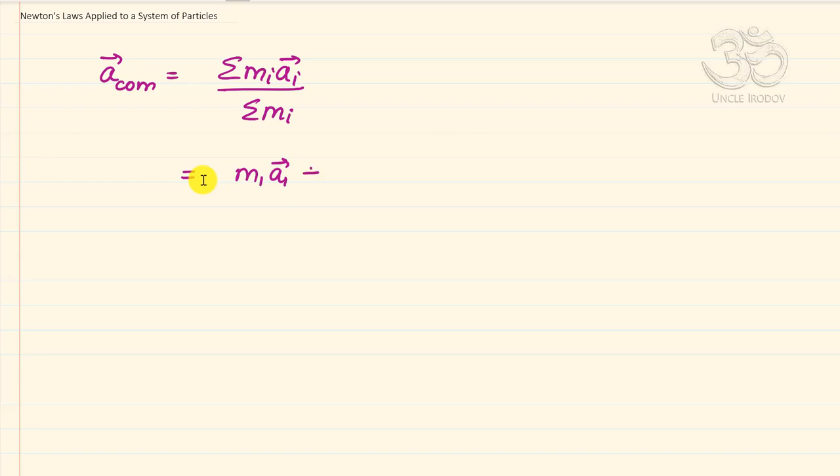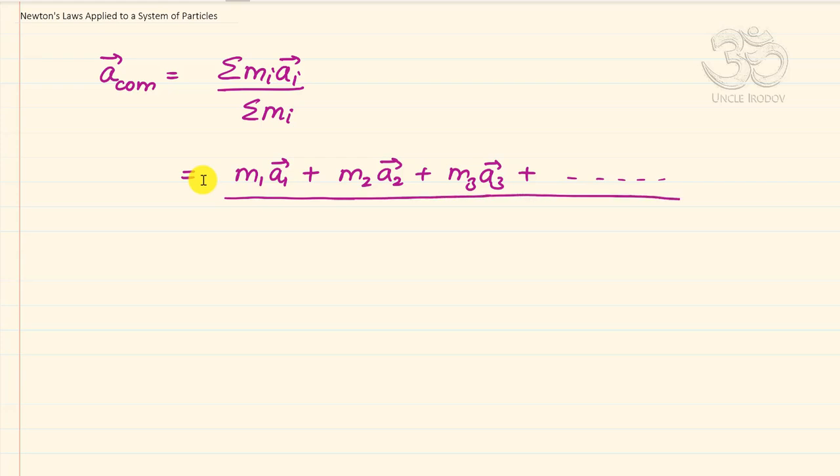m1a1 plus m2a2 plus m3a3 etc. for n terms in the numerator, and let me keep the denominator as it is. It really doesn't make a difference.